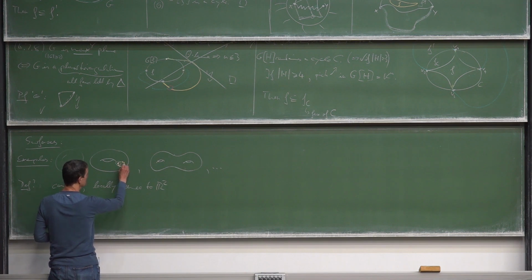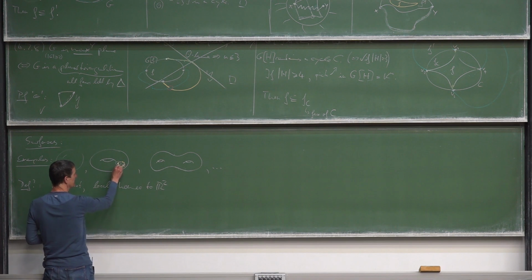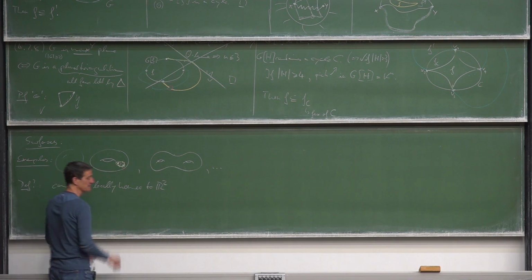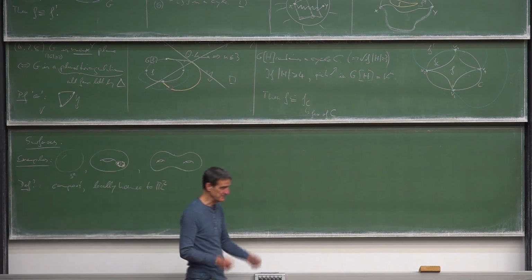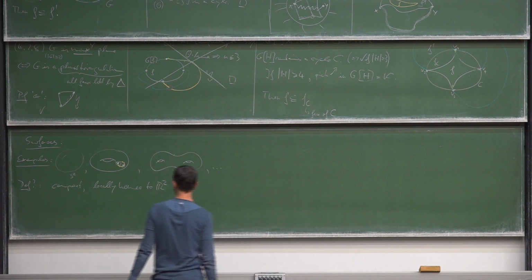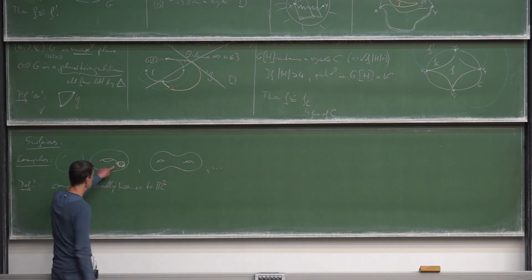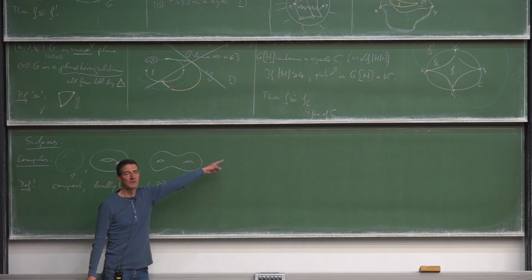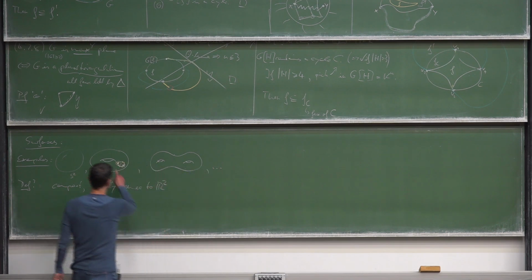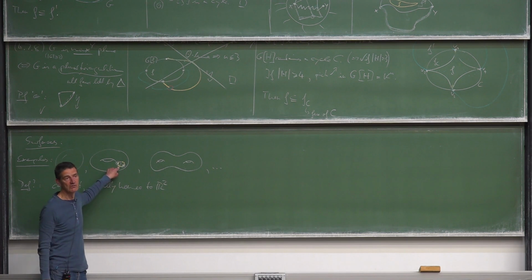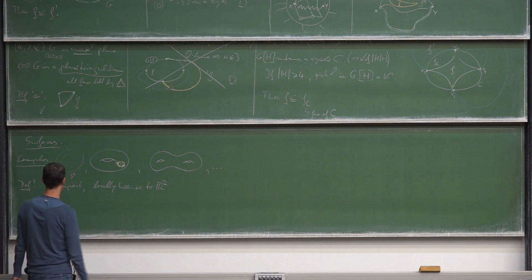If you look at all these points as they got identified, the upper points here get identified with the lower points there, and these two together make another little disk in the identified space. So you can make all that precise, and then what you get is not one of those. So up to doing this once, all the surfaces are indeed the ones that I've shown you, but that's something one has to prove.